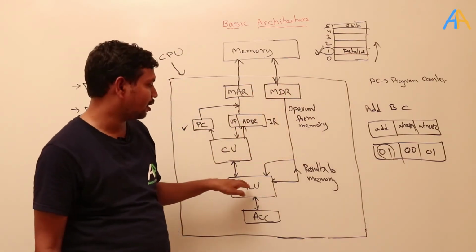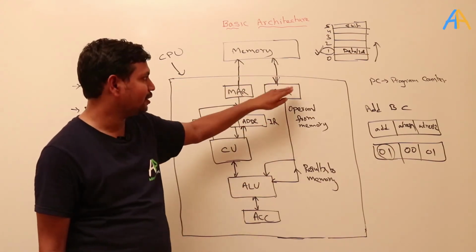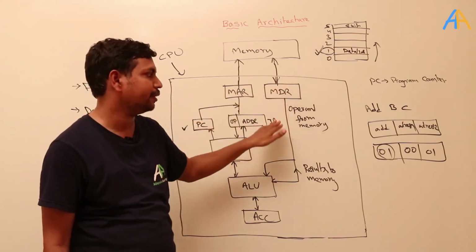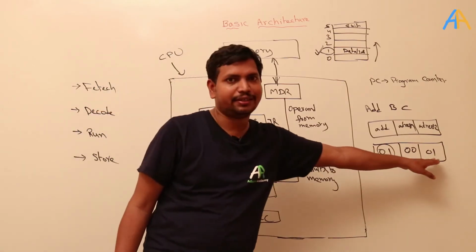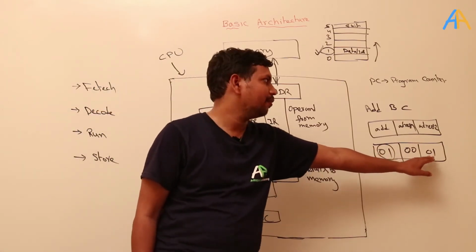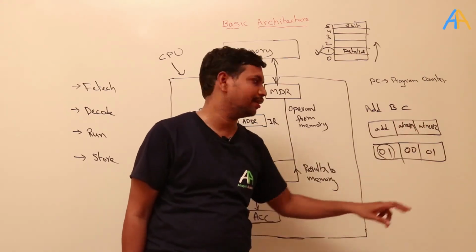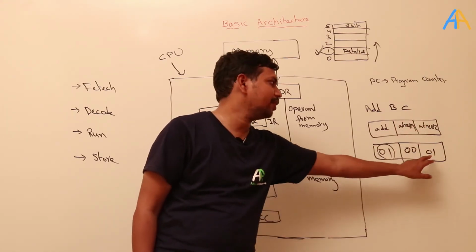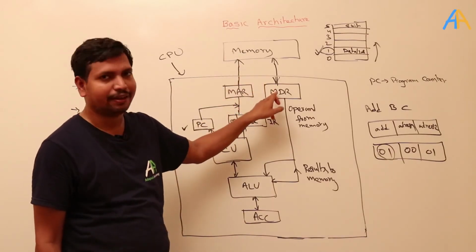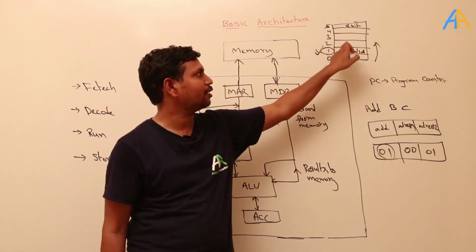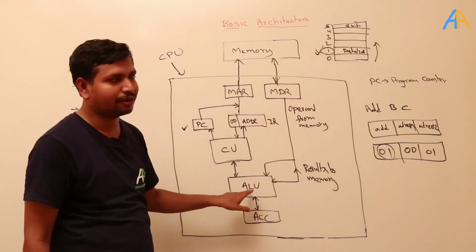Okay, it will come to the arithmetic logic unit. This is like a buffer actually, intermediate. Okay, again it will give the address for the next location. I mean, it has to fetch 2 numbers for the addition. So again it will place the address in the memory address register. Again memory will give the corresponding data, and it will come to the arithmetic logic unit.